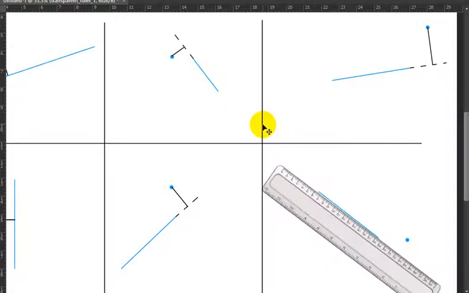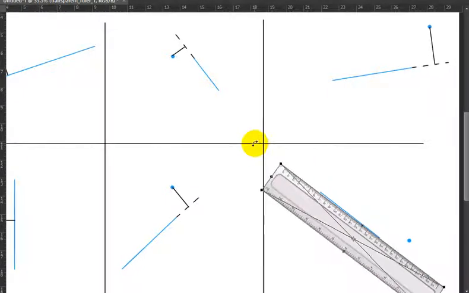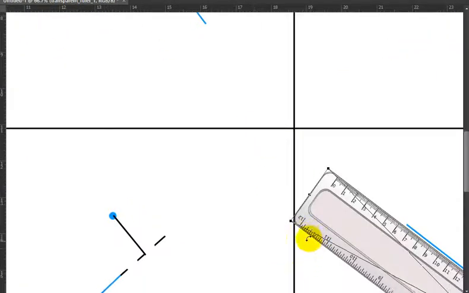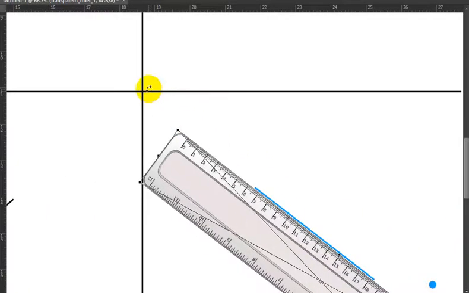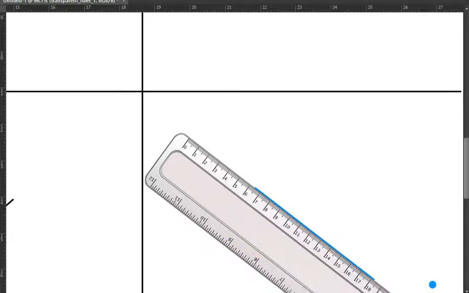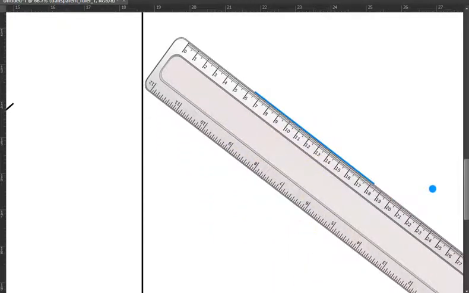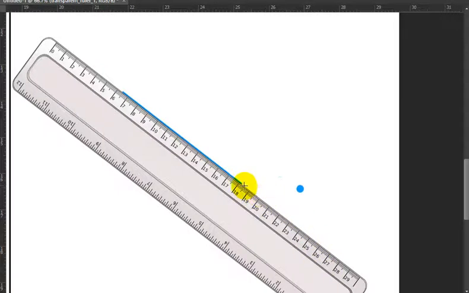Let's rotate a little bit. Zoom in a little. Detail is very important, especially in geometry. We project the line, continue.